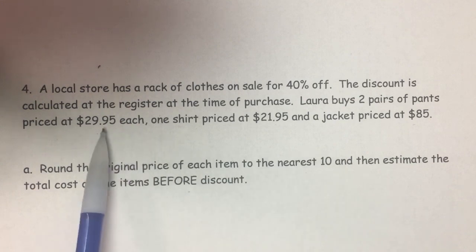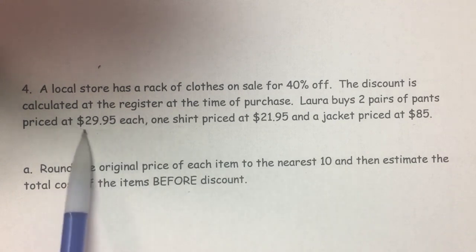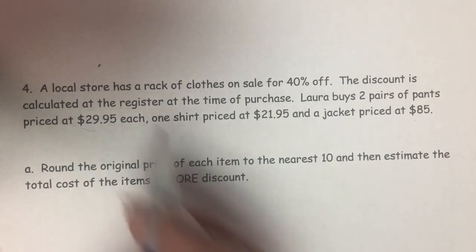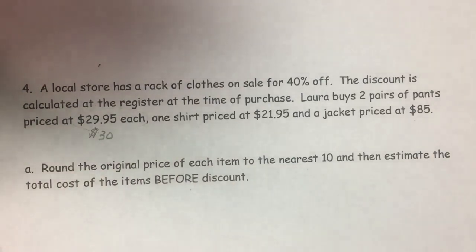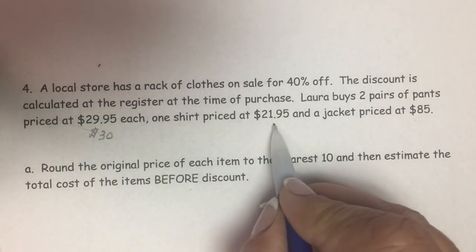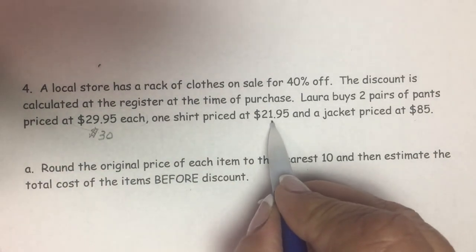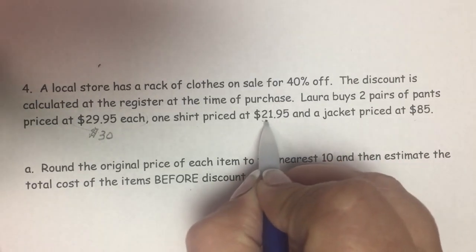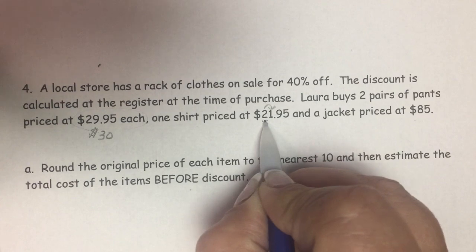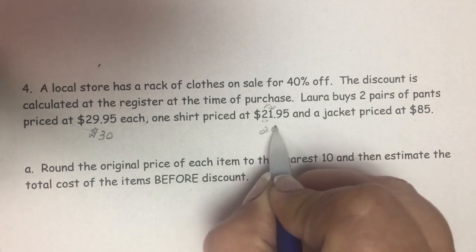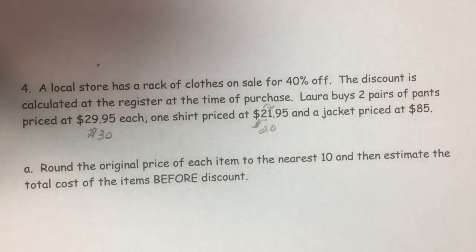So we need each of the original prices. We're going to round to the nearest 10. So this is going to be 30. $21.95. Now if I round this to the nearest 10, remember this is the tens place. What does that 1 do to the 2? It doesn't do anything, so this is approximately $20.